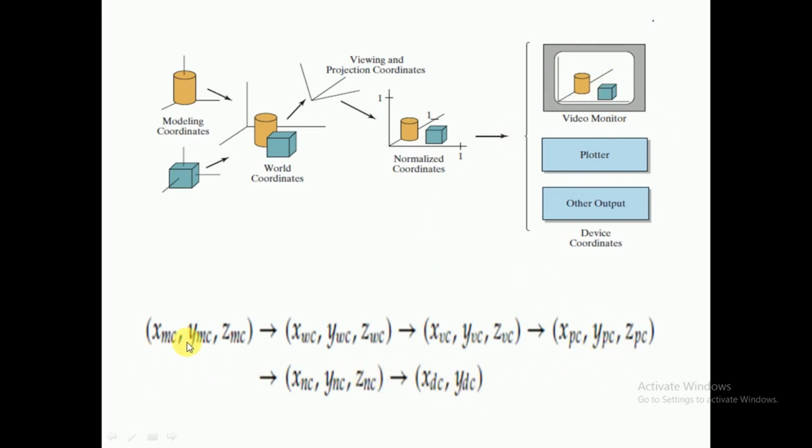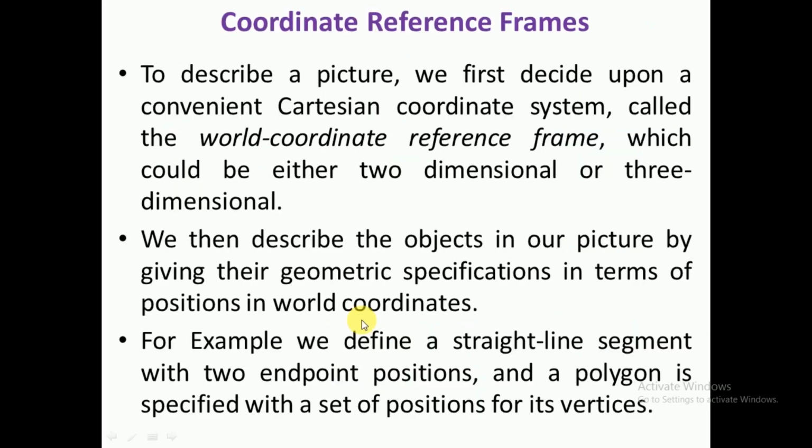Input is given in one format, and output is in another format. To move from this to this, you may need to execute many routines. This is called the viewing pipeline. Converting one format to another format is called the viewing pipeline. This is how your world modeling coordinate input is slowly converted to device coordinate output. This is how our OpenGL processes our input.